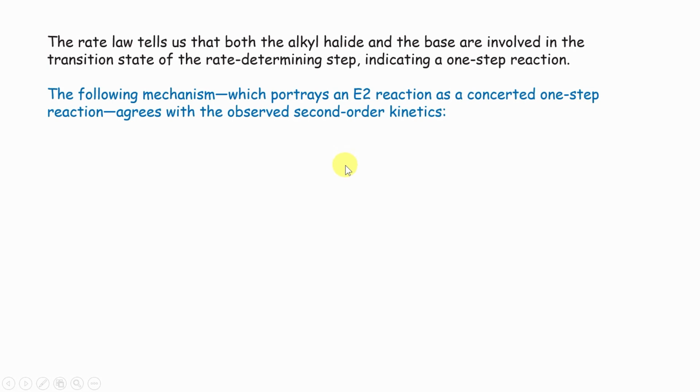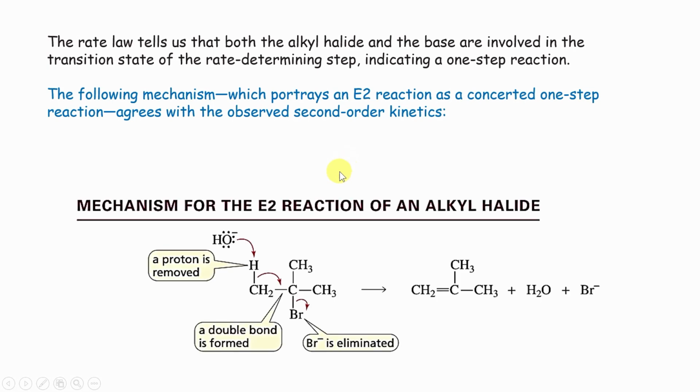E2 reaction is a concerted one-step reaction in which both the reactant, or the substrate molecule, and the base are involved in the rate determining step. See the mechanism for E2 reaction. Here the base abstracts a proton from the substrate molecule.